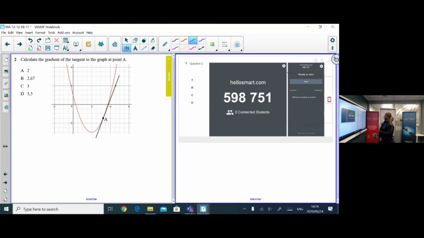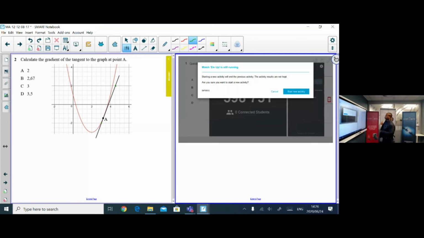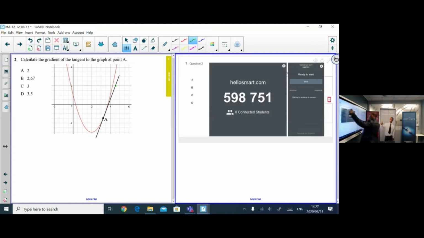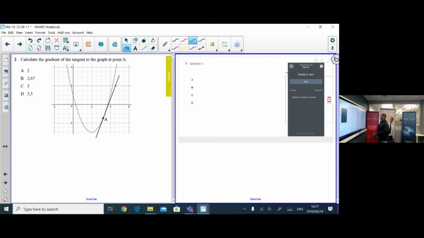You can choose any part of the line, and then any 2 points, and use them to find your gradient.